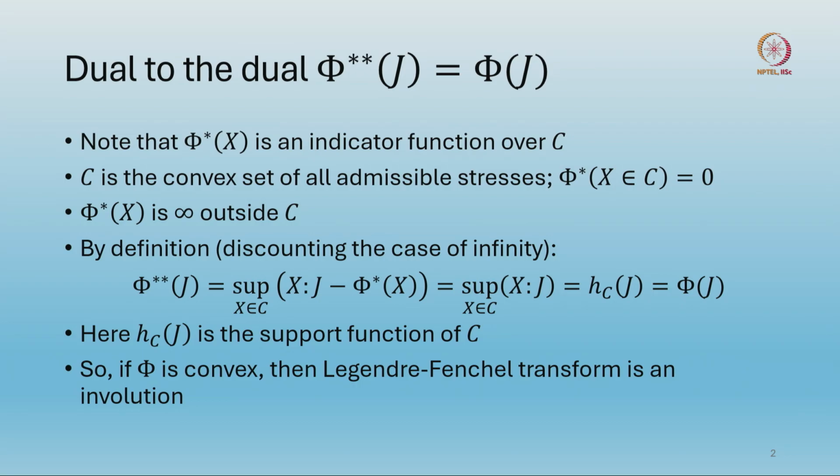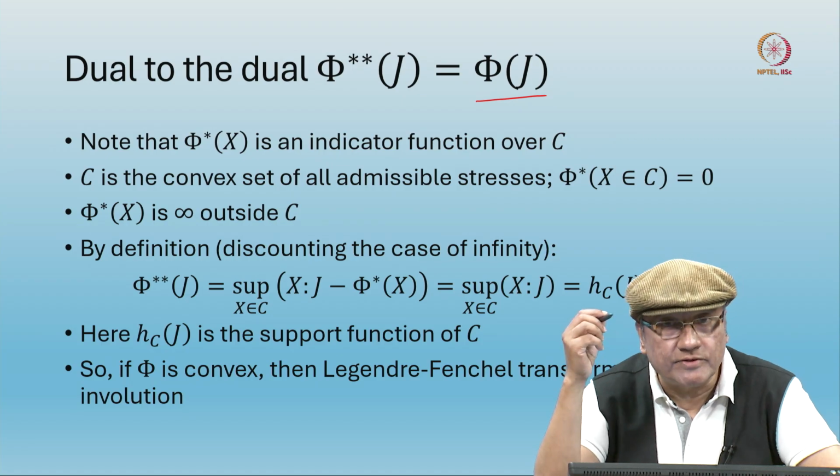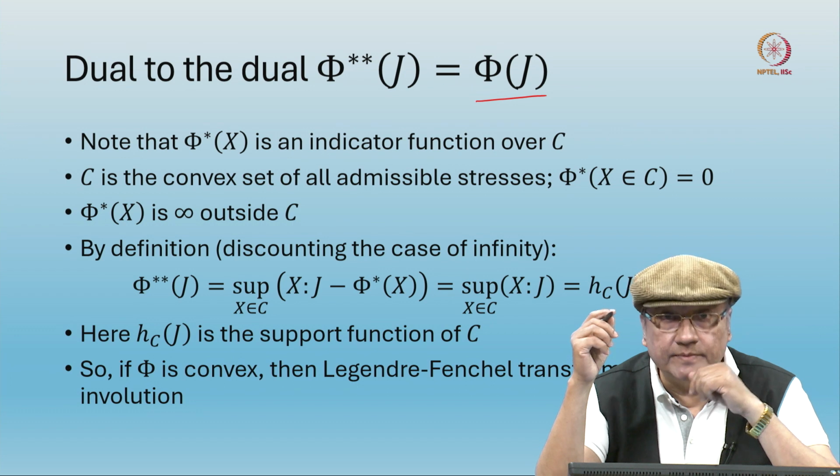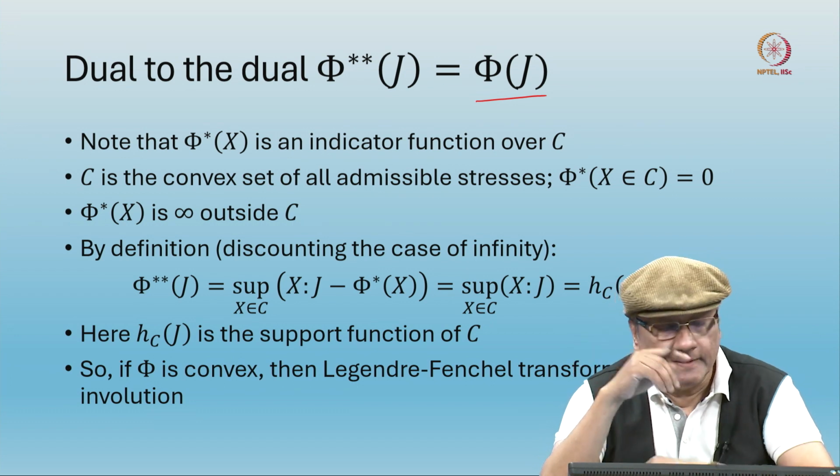First, let us understand one thing that I have not talked of, that is the dual of the dual, right. So, we start with the dissipation function, which is phi j, right. J, if you recall, would be something like the plastic strain rate. It may include other velocity like variables associated with hardening as well.